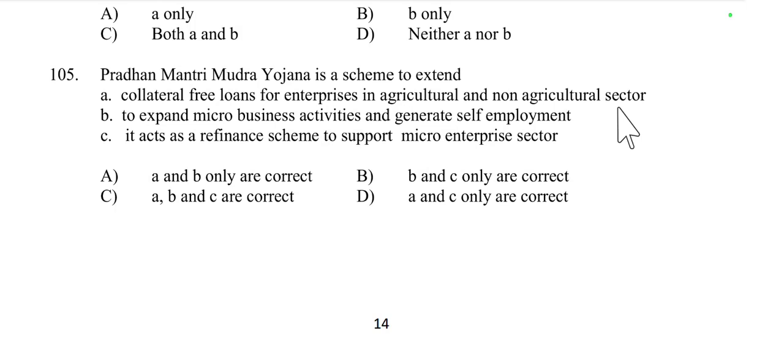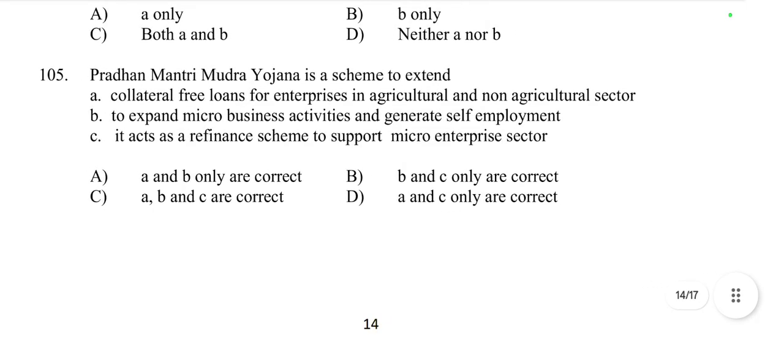So this statement is not fully accurate. Collateral free loans for enterprises in agricultural and non-agricultural sector, no, this is related to the non-agricultural sector, like micro and small enterprises. So it is not related to the agricultural sector. So option A is incorrect.